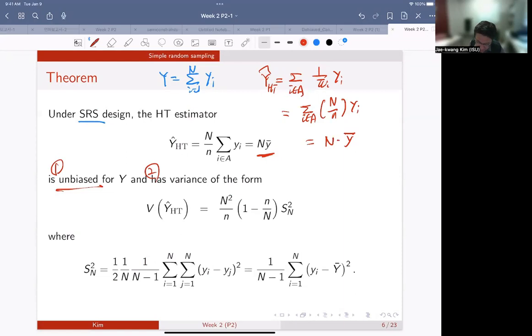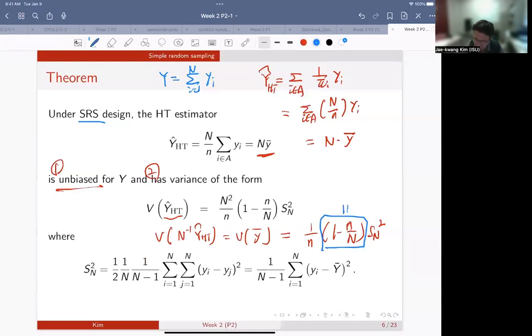But one thing I'd like to emphasize: if you divide the total estimator by the population size, that is basically the mean, and in this case it's just the sample mean. So the variance of the sample mean is 1 over n times (1 minus f) times S squared. You can see that this factor is basically a reduction in variance due to without-replacement sampling.